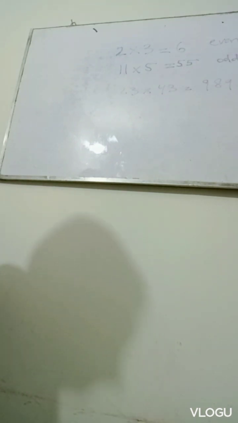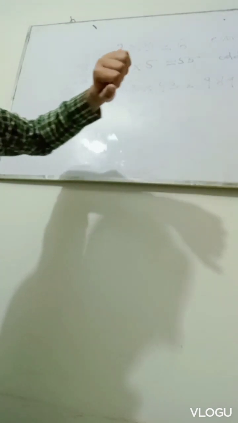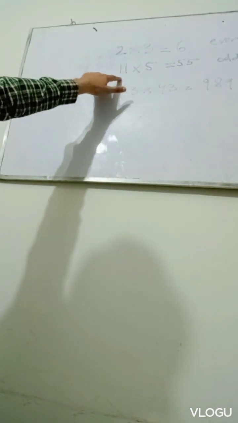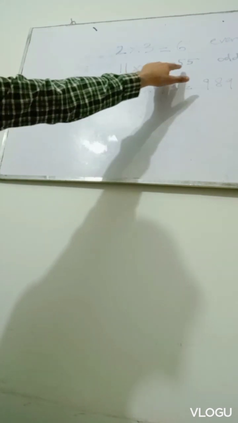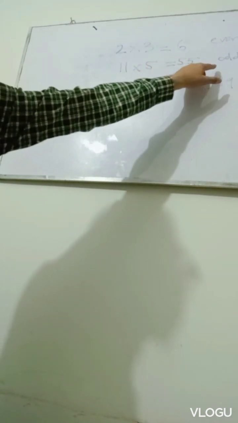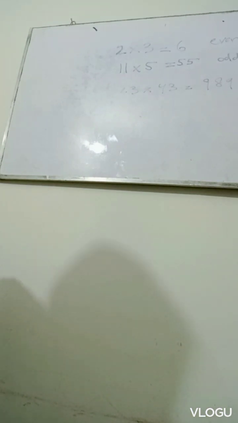So for the middle one, that is B part, it's true. The product of two prime numbers can be an even number, and 11 is a prime number and 5 is also a prime number. 11 5s are 55, which is an odd number. So it is also true for odd numbers that the product of two primes is an odd number.